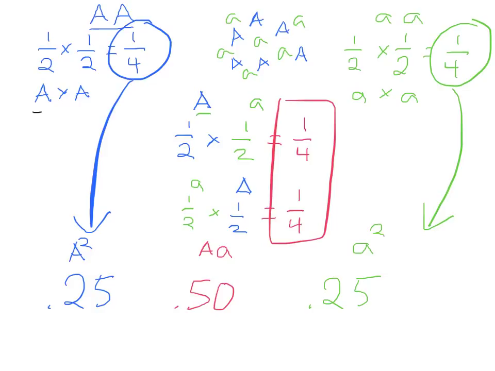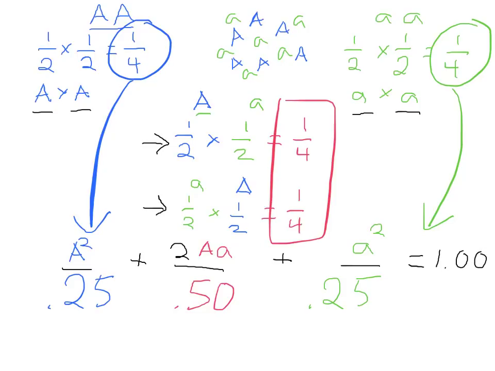So we've now accounted for the chances of getting a homozygous dominant, and we've also seen that there are two mechanisms to get a capital A, lowercase a heterozygous individual. And we've also taken a look at the recessive form of the trait to determine my probability of getting a homozygous recessive. So if we add all these up, the homozygous dominant with the heterozygous and homozygous recessive, then that gives us 100% of the individuals in the next generation.